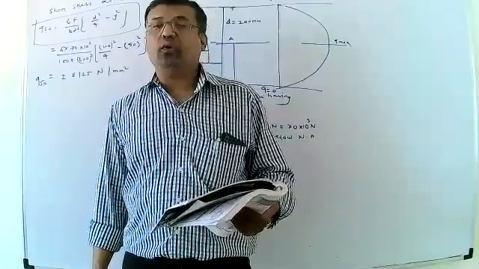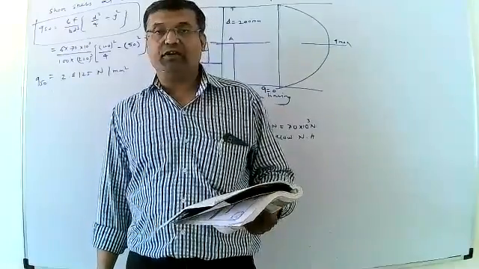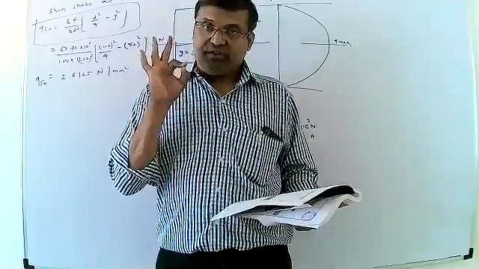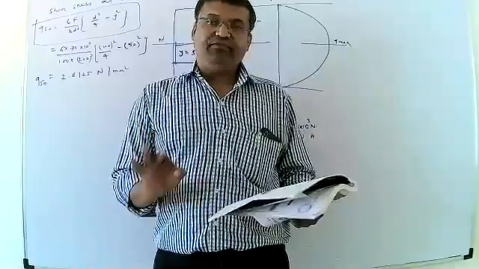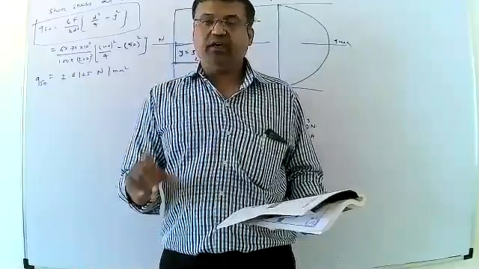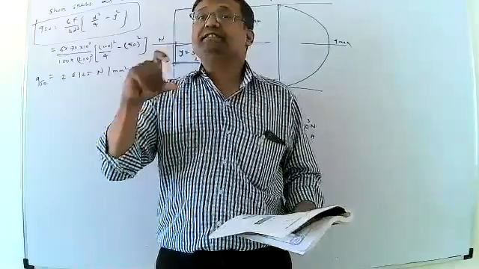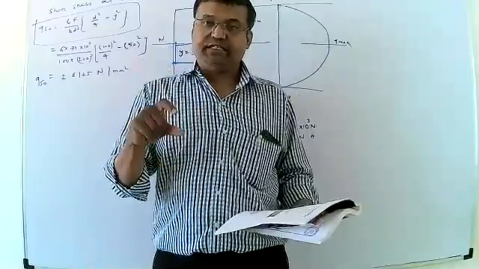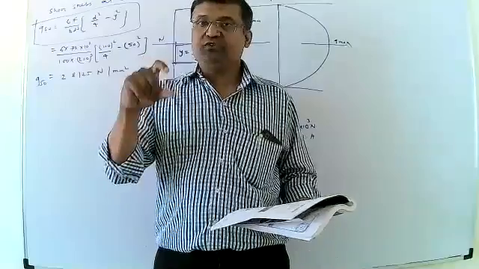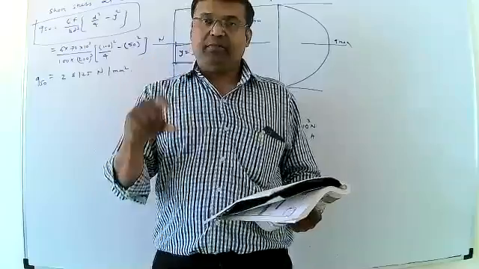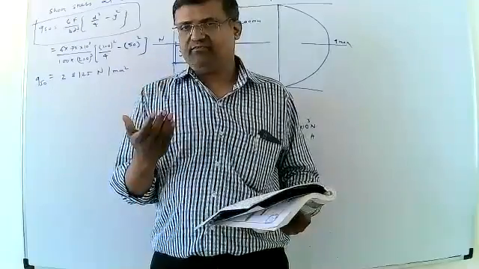Determine shear stresses induced on layer at 50 mm above the neutral axis. Shear stress is represented by notation small q, so 50 means q50. What is the meaning of that q50? It means shear stress induced on layer at 50 mm above the neutral axis.